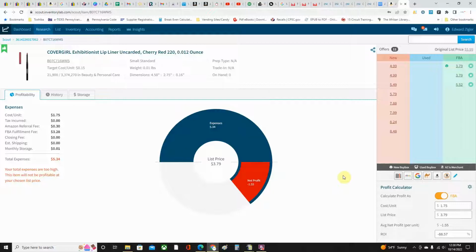Automatically I'm down $1.55. So that would not be a profitable item at that sell price of $3.79, which it looks like the price is definitely starting to tank. Even if you went to $5 and you set your repricer to stay there, you still would only be making 4 cents. So that ain't gonna work.